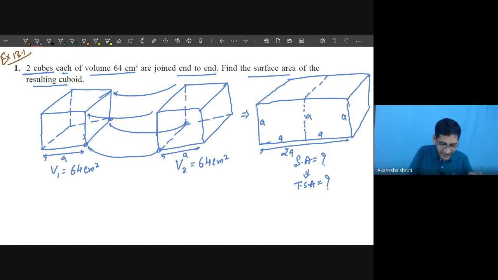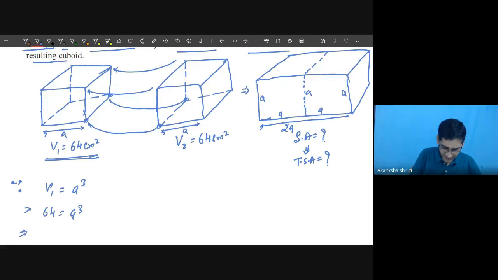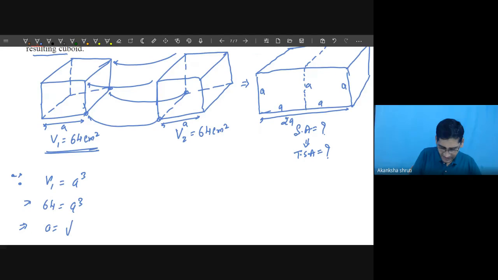How to calculate a? For this, the volume is given. Since V1 equals a cube, this implies 64 equals a cube. So this implies a is the cube root of 64.